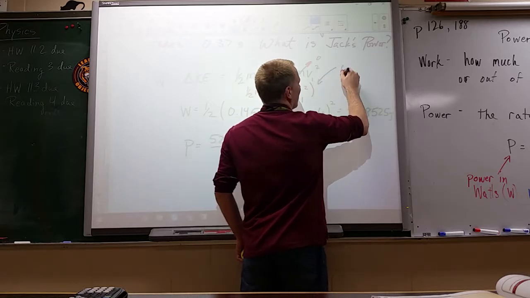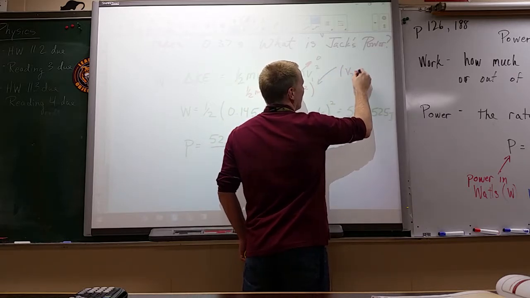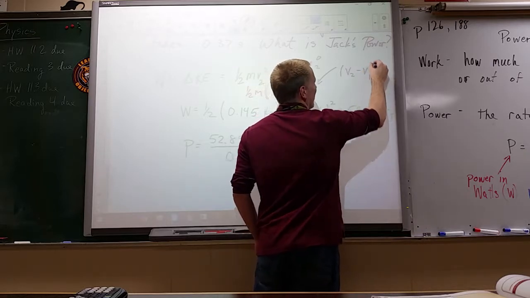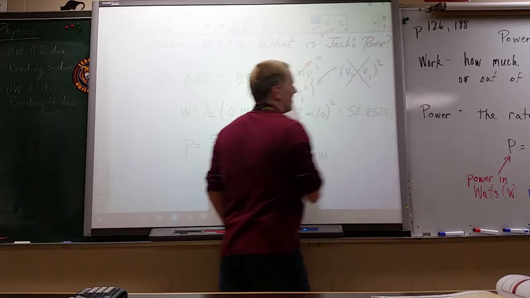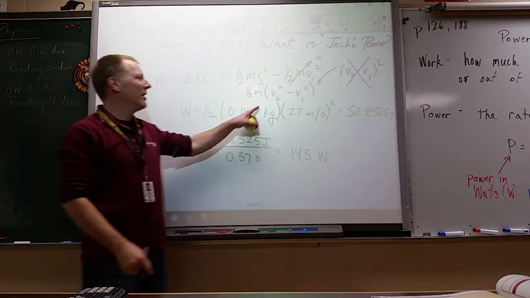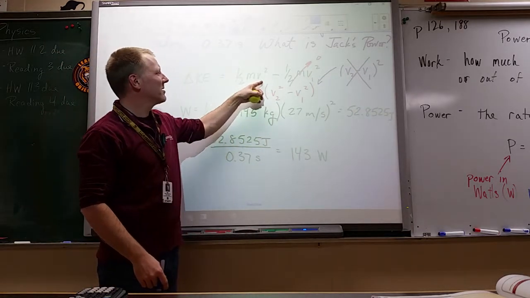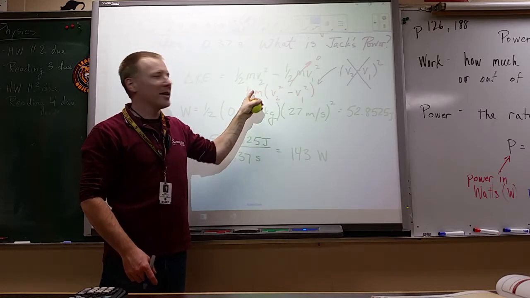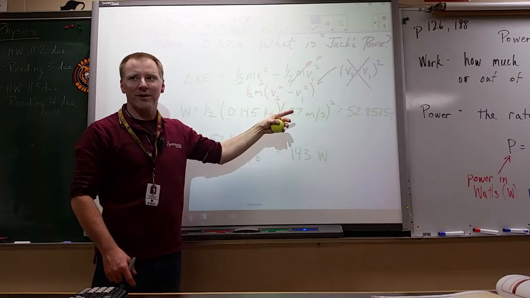That's not the same as v2 minus v1 squared. That won't work. So if you were to do it, it's probably easiest to just do it the full way. Find the kinetic energy after the change, the kinetic energy before the change, and find the difference.